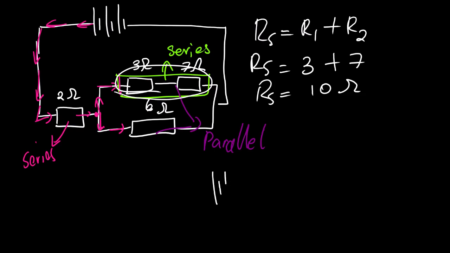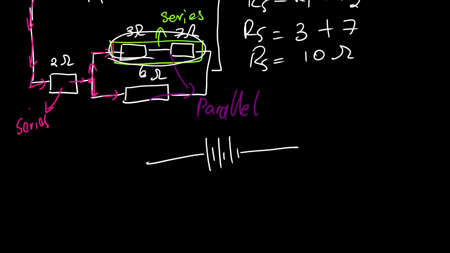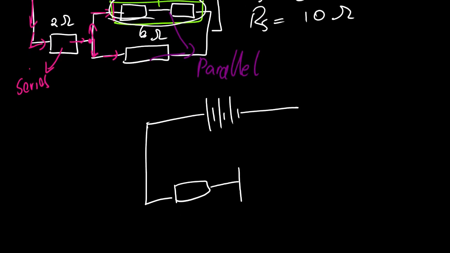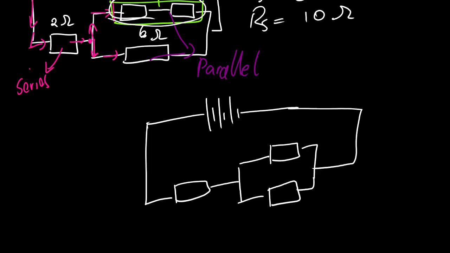So when we redraw this, we are going to have something like this. Two ohms, and then this one is no longer 3 and 7, it's 10 ohms and 6 ohms.